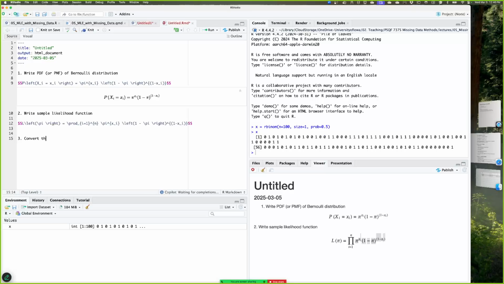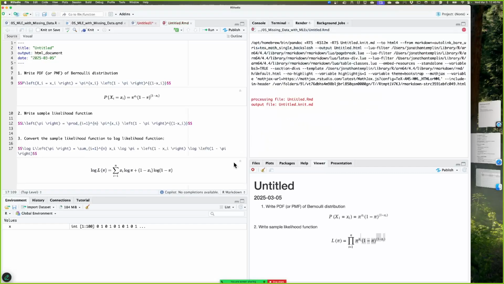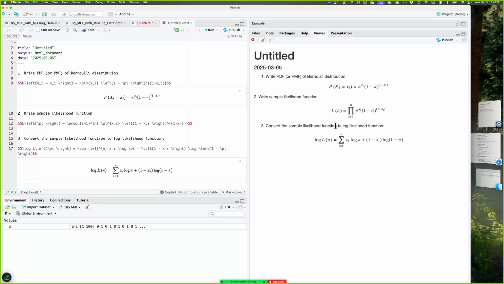Finally, convert the sample likelihood function to a log likelihood function. Let's see if GitHub Copilot works. All right. Basically, what you do here is take the log of the term on the right-hand side.